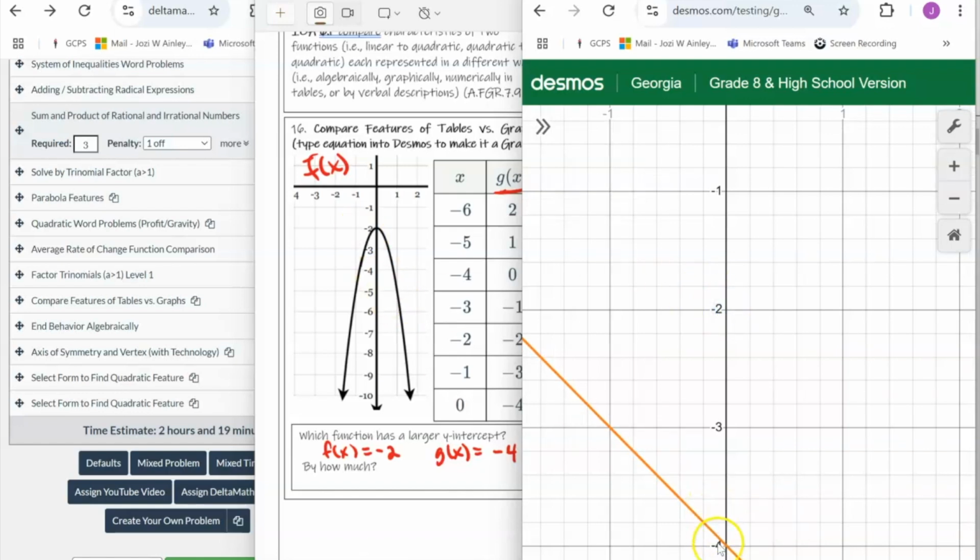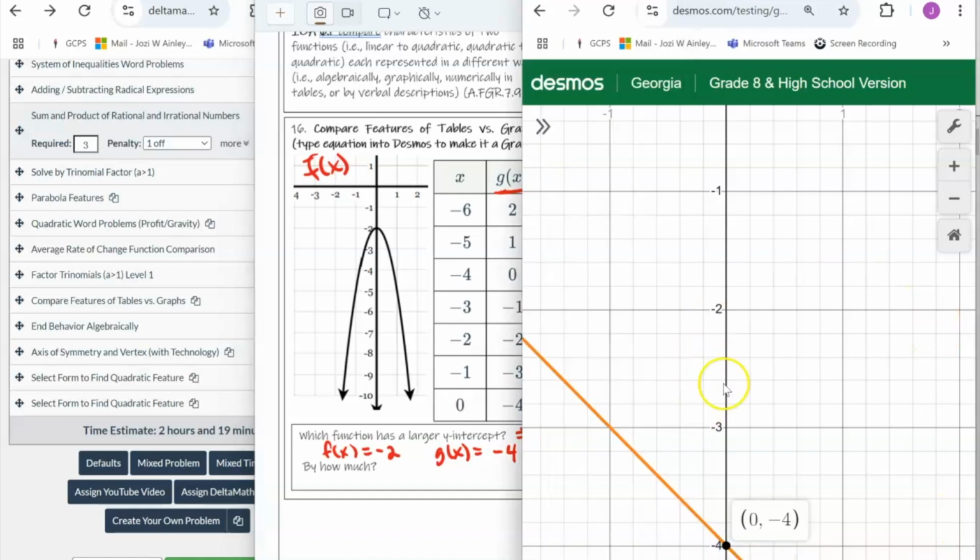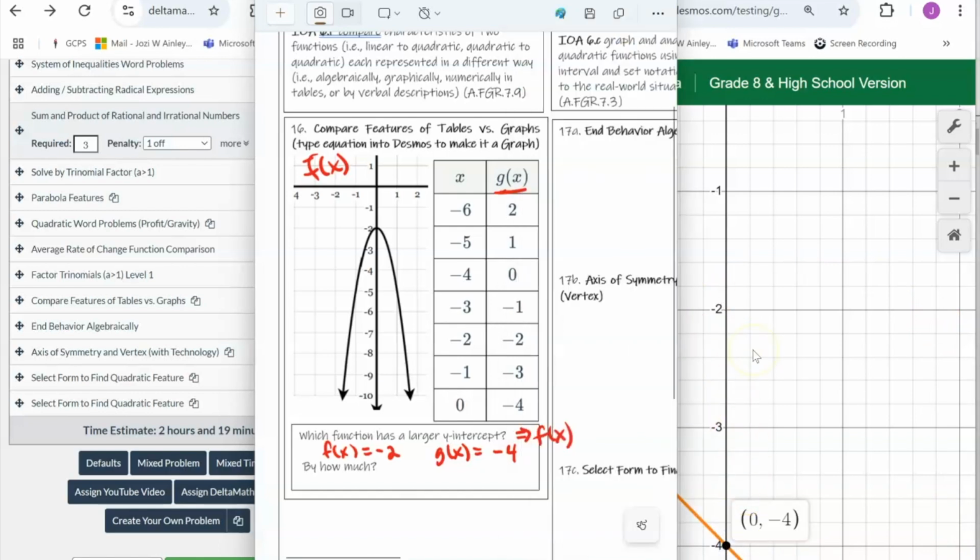Which one is bigger? The one that's higher up is bigger. So -2 is bigger. Which one has the larger y-intercept? It's going to be f of x. And by how much? If it's here and I need to get to -2, I go 1, 2. So by 2.